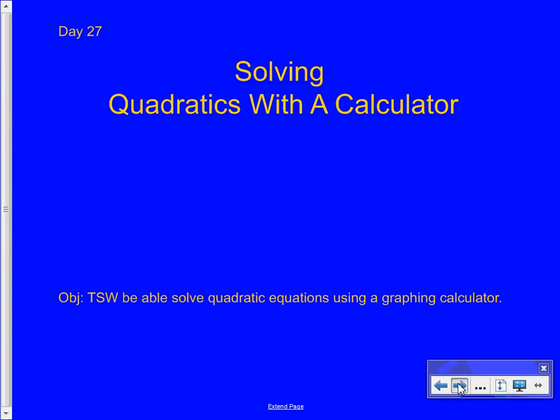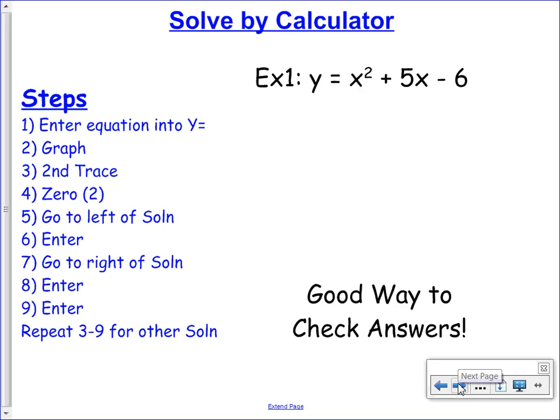So, for example, the steps for the graphing calculator, if you haven't already: we're going to enter the equation into y equals, and then you hit the graph button, right? Then, when you hit second trace, you hit the 0 button, which is choice 2.